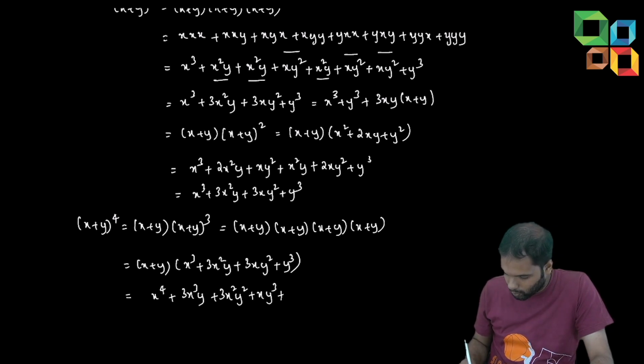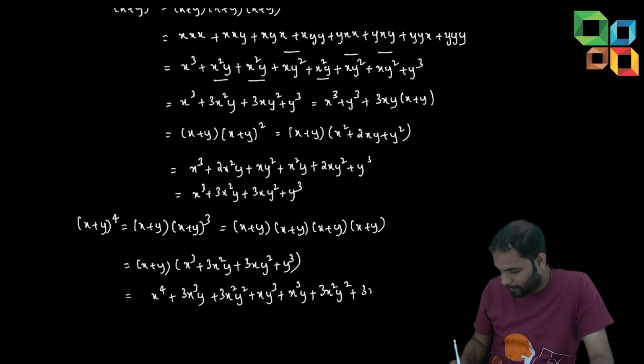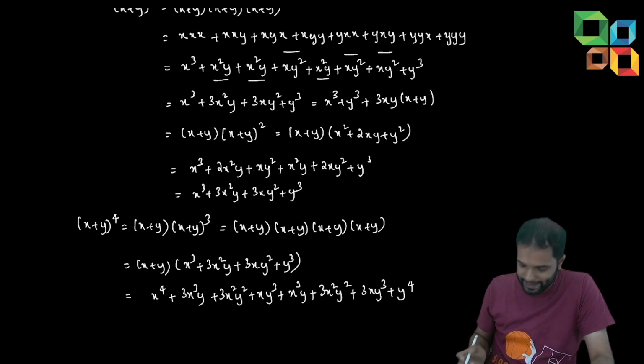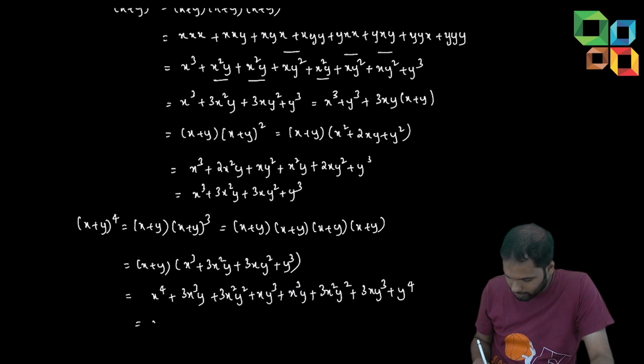Now y terms. x cube y. I'm trying to write x first. So next is 3x square y square plus 3xy cube plus y power 4. This again, adding the like terms. So x power 4 is here. Then x cube y. Is there any other x cube y? Yeah, there's x cube y here.